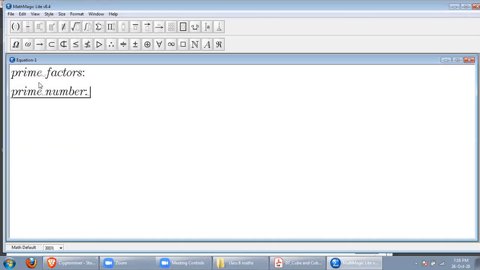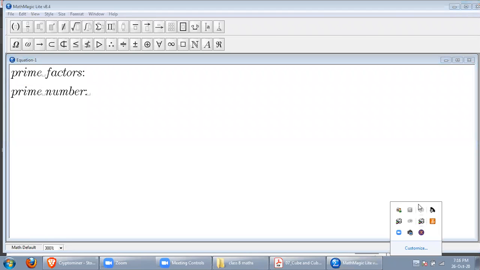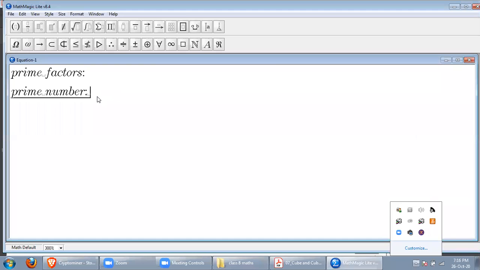A number which is only divisible by itself and 1. Yes. Can you repeat it once again? A number which is divisible by itself and 1. Only by one and itself.